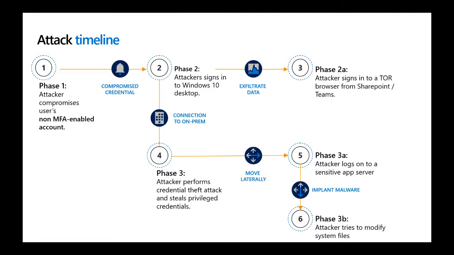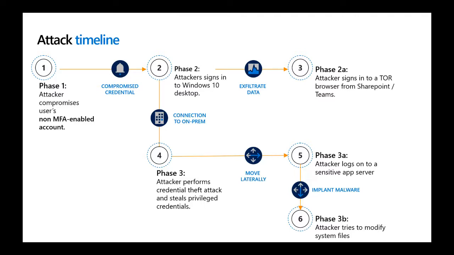And what we'll first do, as the attacker on their own machine, they're going to fire up the Tor browser, which is a very popular way of anonymizing one's identity and browsing traffic. And we're going to use that Tor browser session to sign into the Office 365 tenant and go into that compromised user's OneDrive and steal some data.